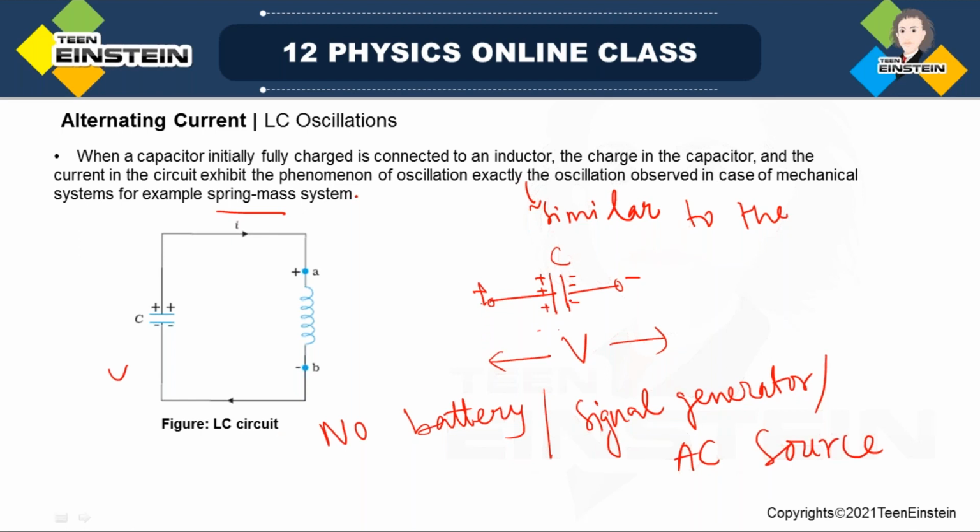As I mentioned, a fully charged capacitor can act as a battery. Why? Because a fully charged capacitor has a potential difference, and if both the terminals are connected to this inductor, then this capacitor will start discharging. That means if there was suppose capital Q charge initially, then it will discharge by some small amount delta Q after some time.